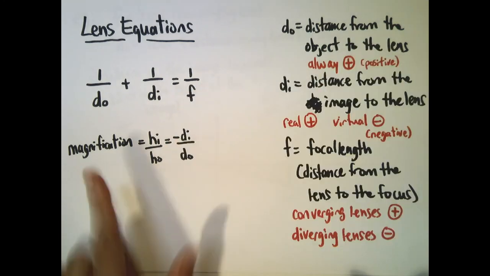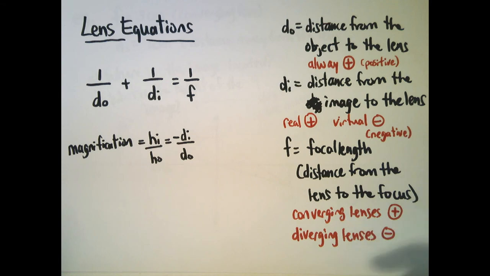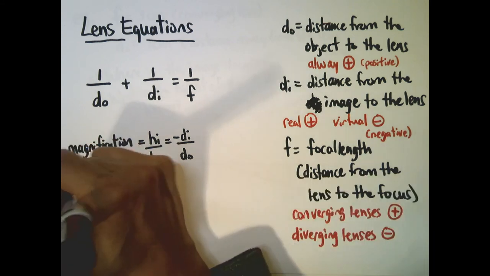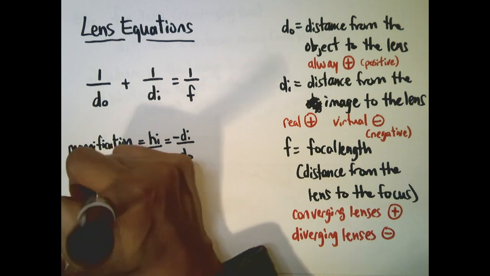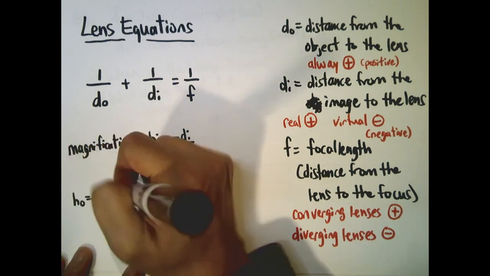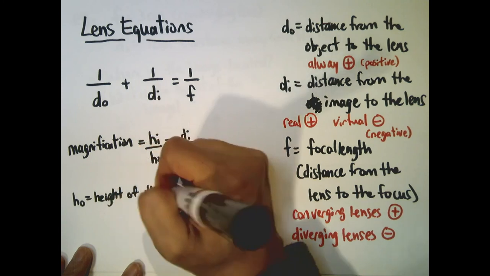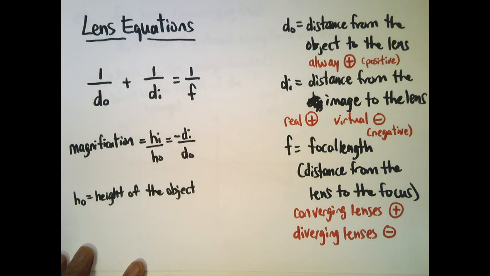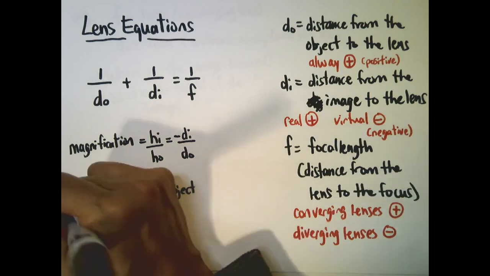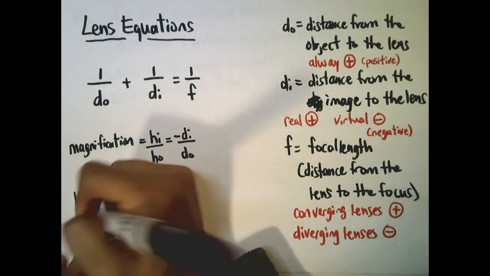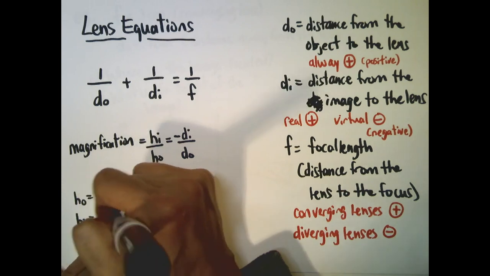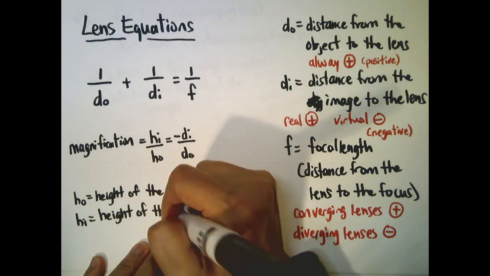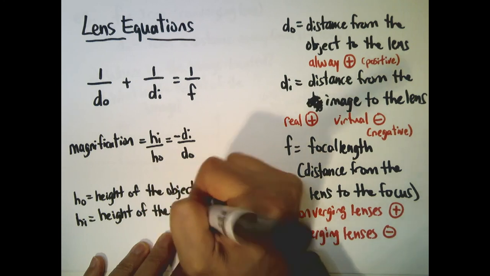Okay, and so that's the second equation. So let's write that down. HO is the height of the object, again in centimeters or meters, depending on the units, as long as the units are consistent. And HI is the height of the image.